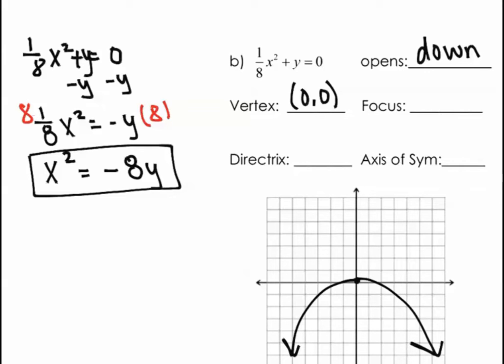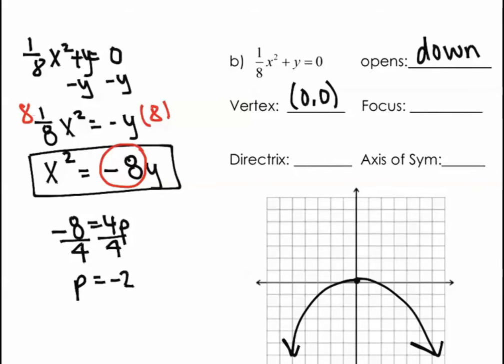And then we can go ahead and find that p-value. So remember, the way you find that p-value is you take the coefficient of your non-squared variable, and we can go ahead and set that equal to 4p. So -8 equals 4p, divide by 4, p equals -2. Remember what p represents.